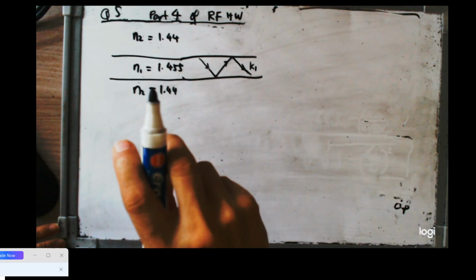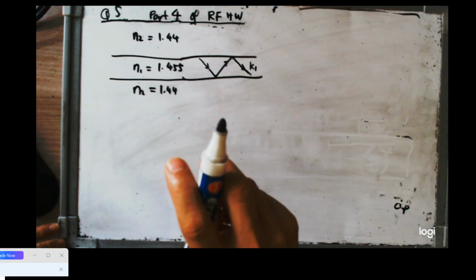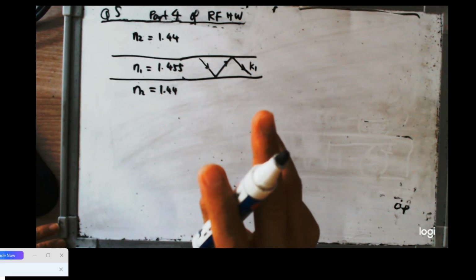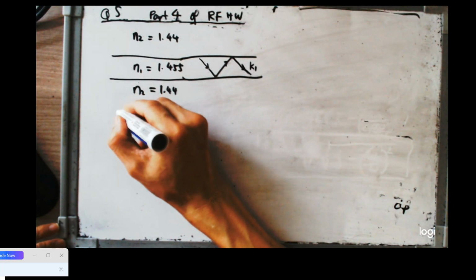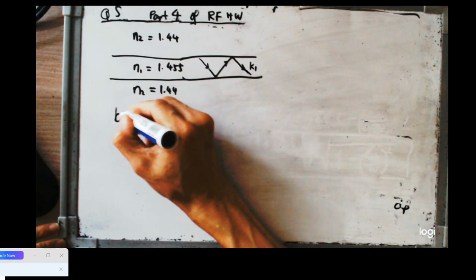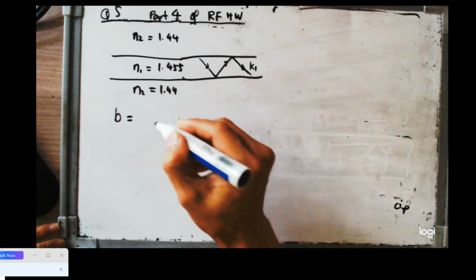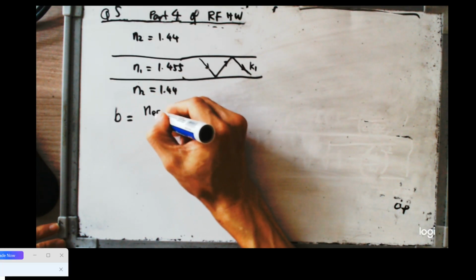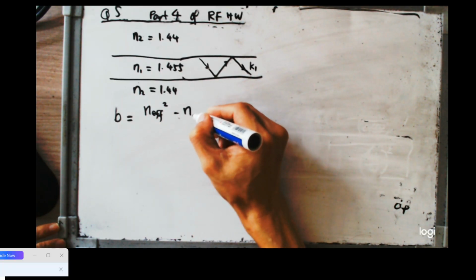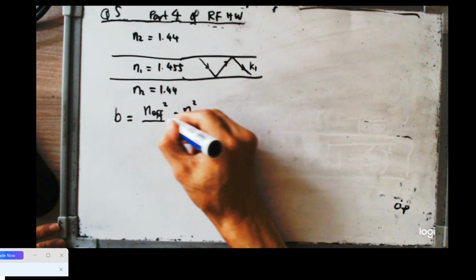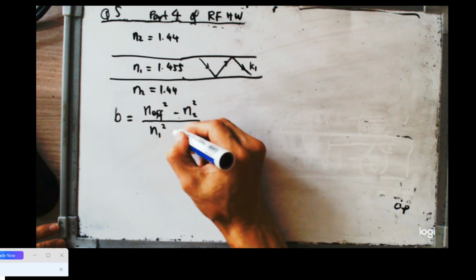Now, what we can do is we find out the value of b. According to the formula, the value of b is (kz squared minus n2 squared k0 squared) divided by (n1 squared minus n2 squared) k0 squared.